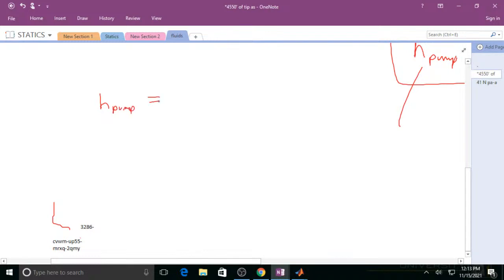It's not going to be perfect. C1 minus C2 Q squared. So if I want that in gallons per minute, and I want this, the head of the pump, the one thing I don't have that he has is the stalling.